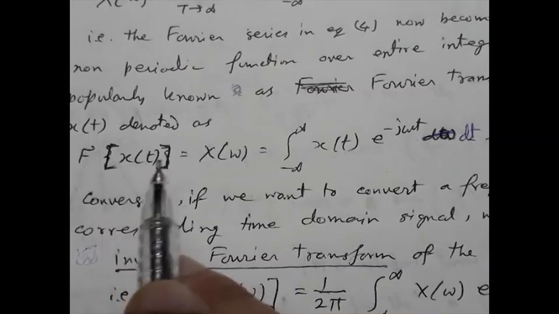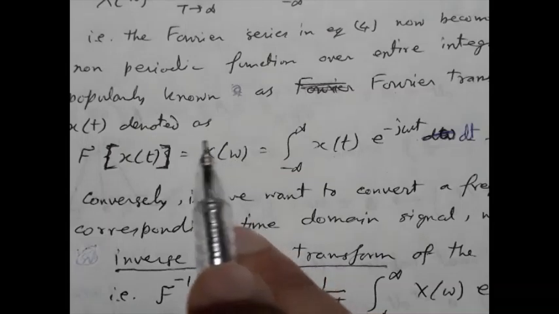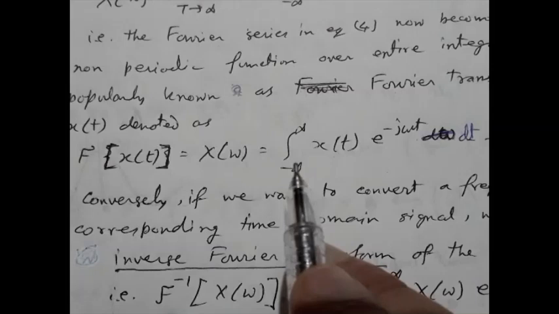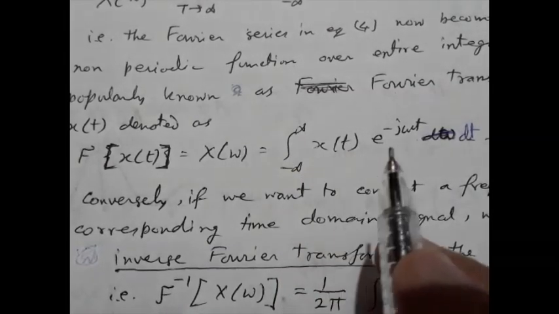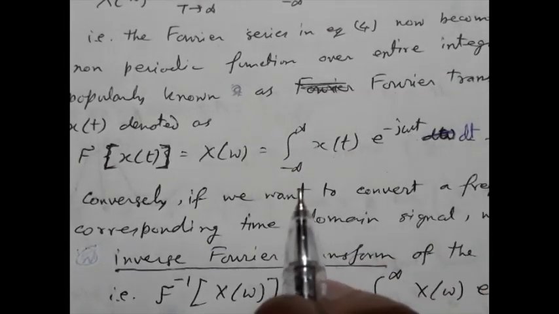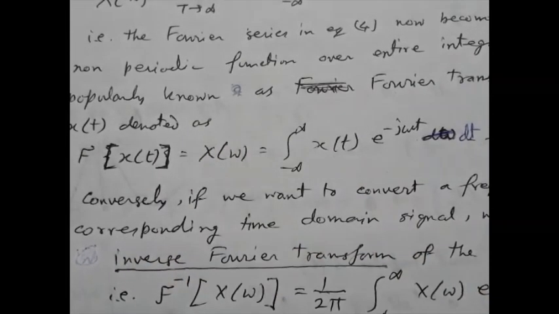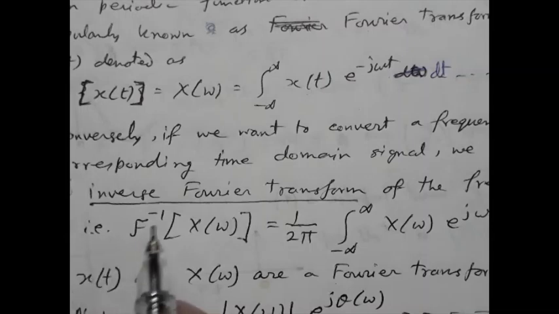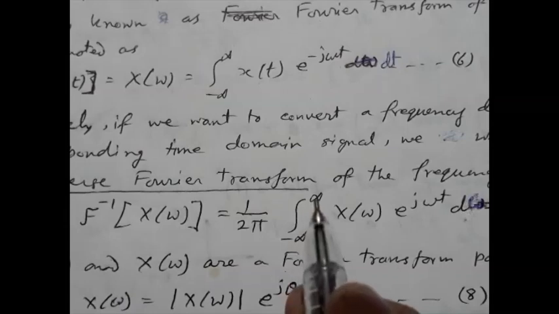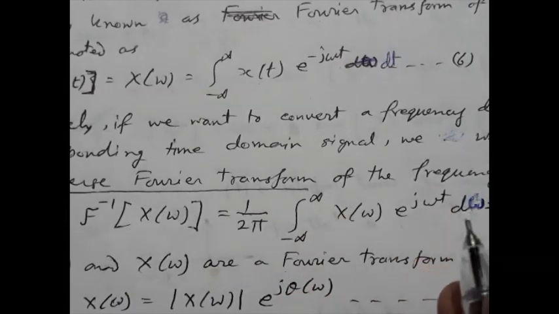So Fourier transform of x(t) is written as X(omega), X written in capital, that can be defined in this way: minus infinity to plus infinity integration x(t) e to the power minus j omega t dt. Now if X(omega) is given, then we can have the inverse Fourier transform in this way: F inverse X(omega) equal to 1 by 2 pi, minus infinity to plus infinity X(omega) e to the power j omega t d omega. And instead of using this omega notation, if we use df, then this 2 pi will not be there.